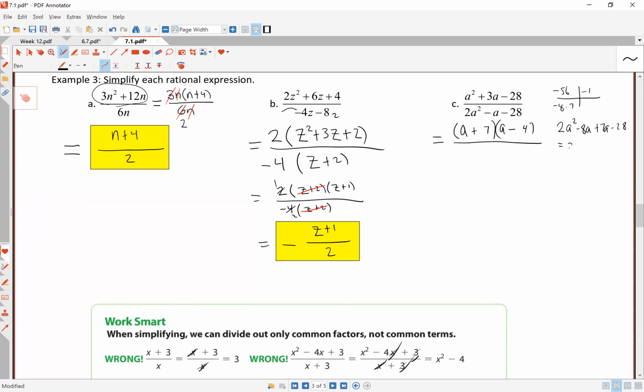So that's a 2a that can come out, which leaves a minus 4, and a 7 that can come out, which leaves a minus 4. So that gives us a 2a plus 7 and an a minus 4.